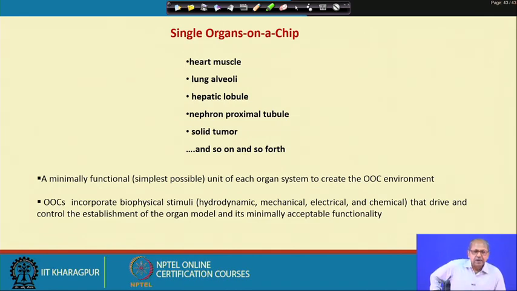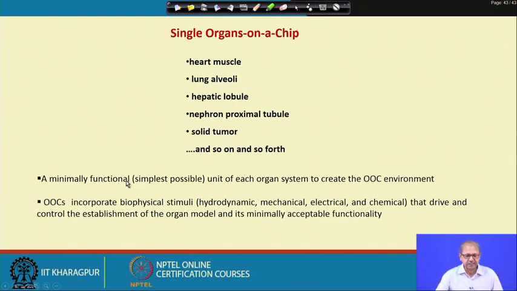Now we come to how single organs on chips are developed, like heart, lung, hepatic lobule, nephron, solid tumors and so on and so forth.